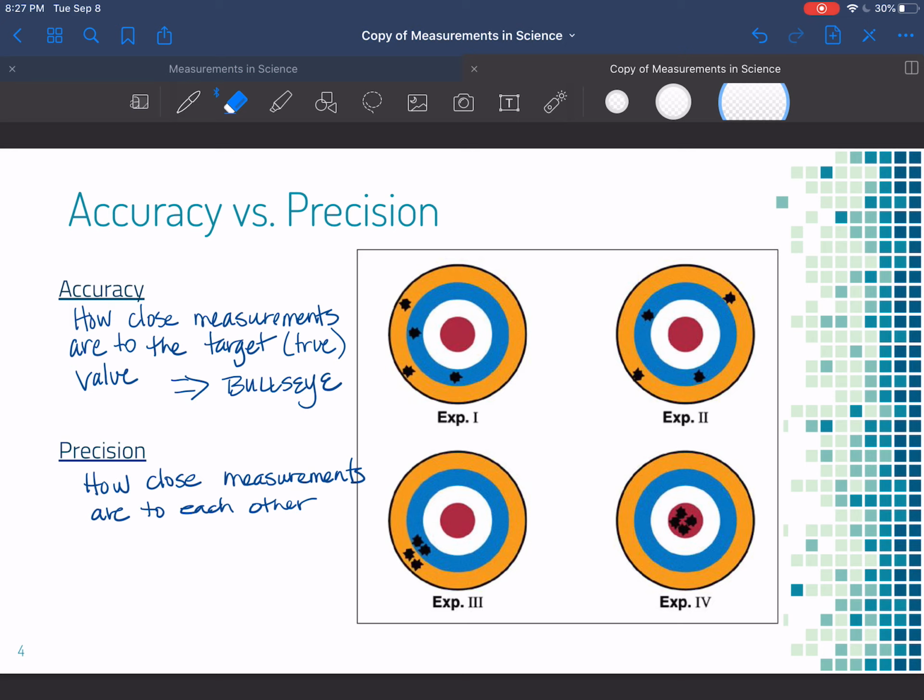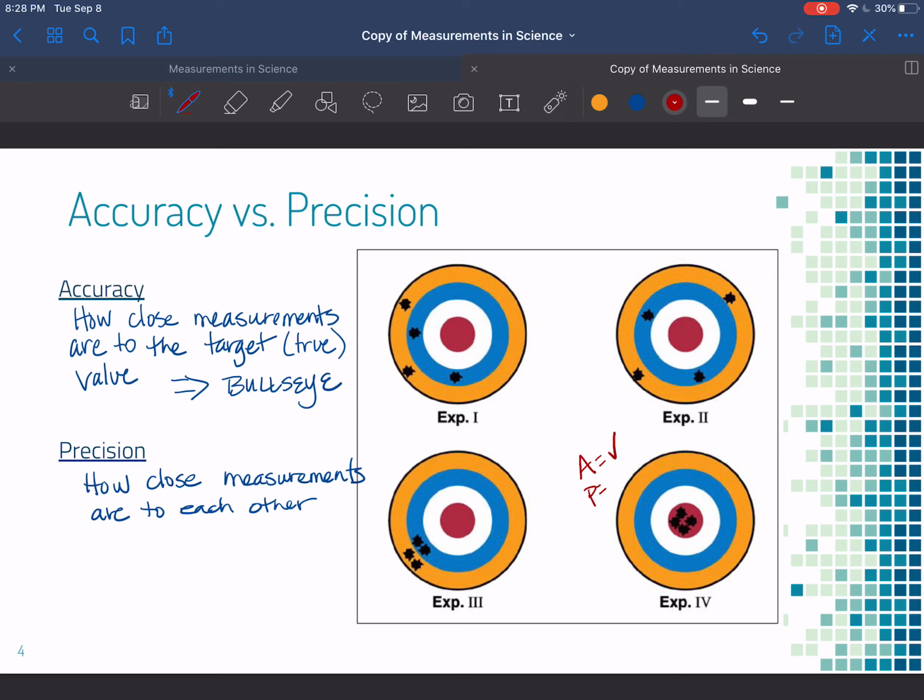If we evaluate these pictures in terms of accuracy and precision, that might help a little bit. So let's go to the picture that is probably the easiest to deal with, the one that has high accuracy and high precision, and that is example number 4. If we look at those 4 darts right there in the center of the bullseye, we can evaluate them as high accuracy because all of those darts or measurements are in the target or very close to the targeted value, right?